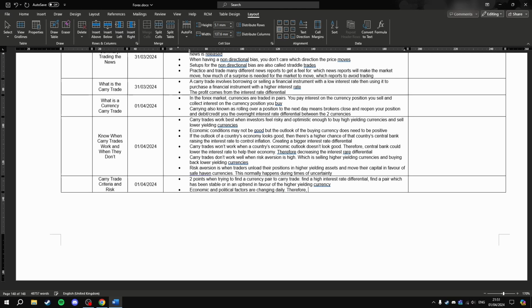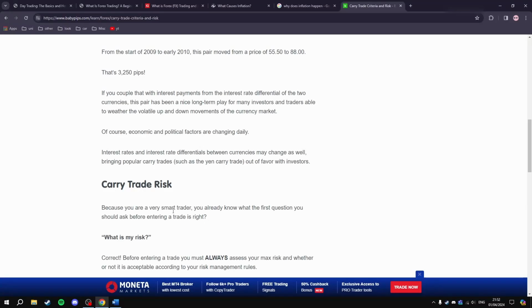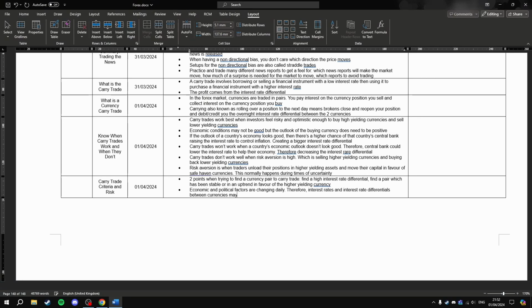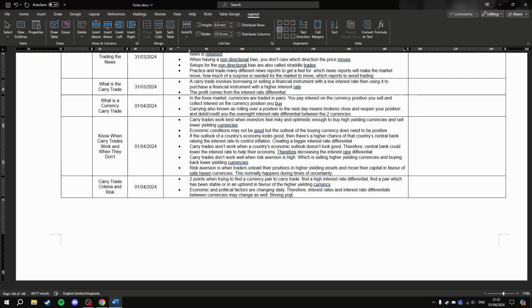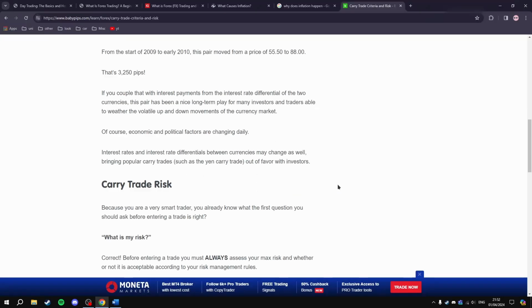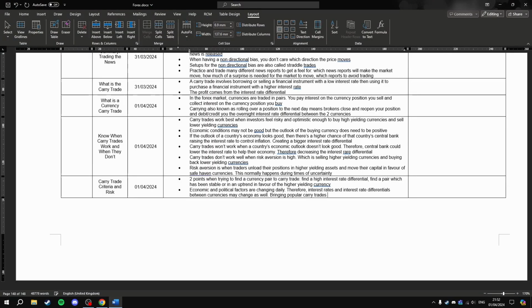Therefore, interest rates and interest rate differentials between currencies may change as well, bringing popular carry trades out of favor with traders.